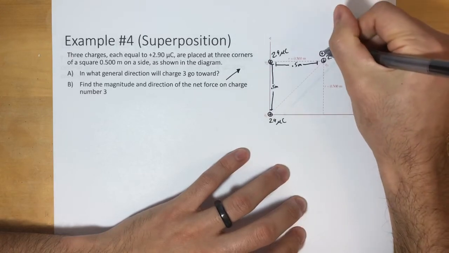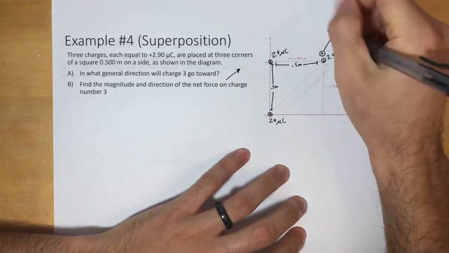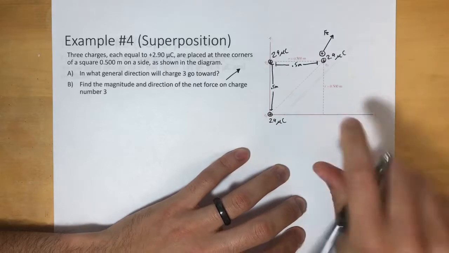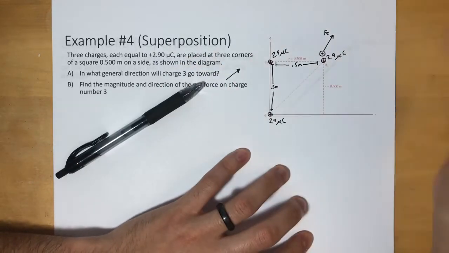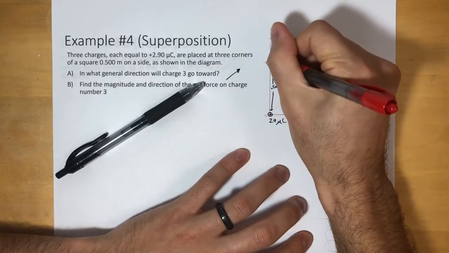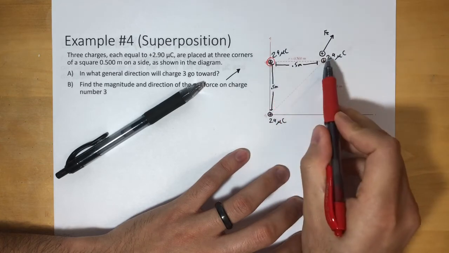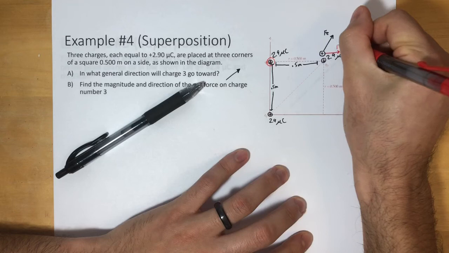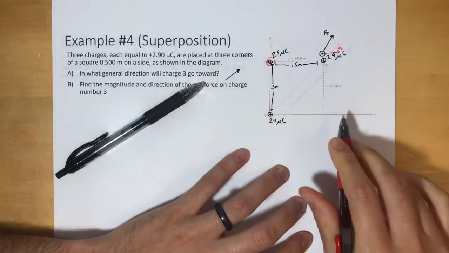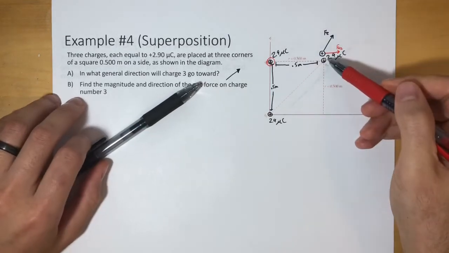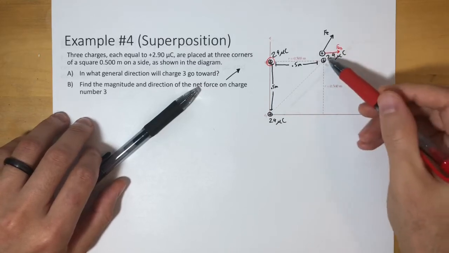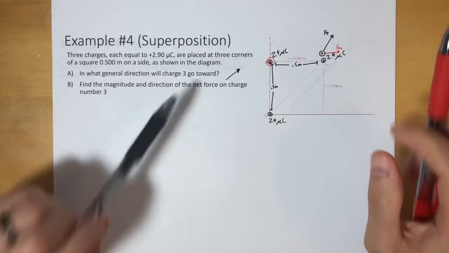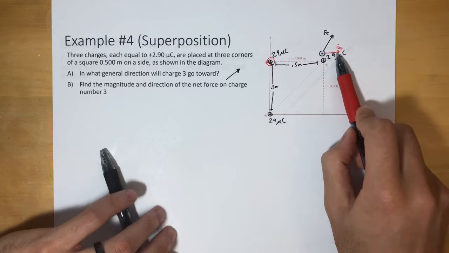So I'm going to do this force of electricity of this one. And the next thing, maybe I'm going to do this one in red. In this one, we want to know how much this charge is pushing on this one. So I'm going to say force of electricity of this red one, and maybe I'll put a 2 as well. There's 2 forces acting on it, and we want to know what the total magnitude of all of these are. So I'm going to first find the force of electricity of this red one.